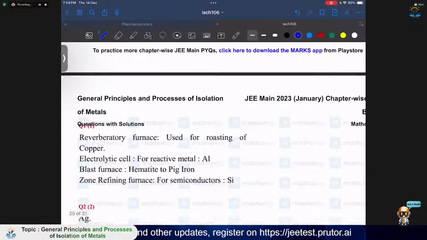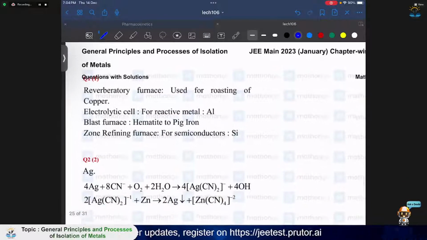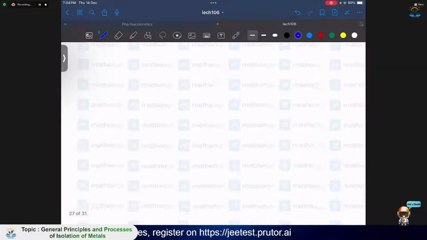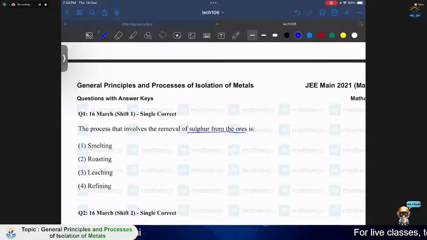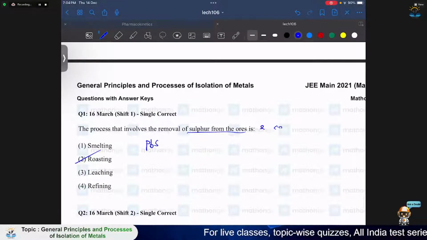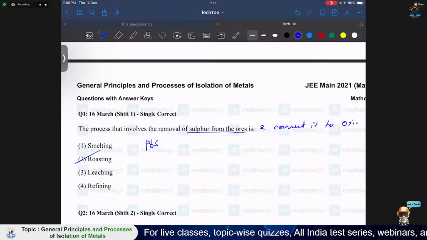Next, reverberatory furnace, we have done this. The process that involves removal of sulfur from the ores: smelting, roasting, leaching, refining. Of course, the most appropriate answer is roasting here. I'll give you an example of roasting. It was used to remove sulfide and convert it to oxide.